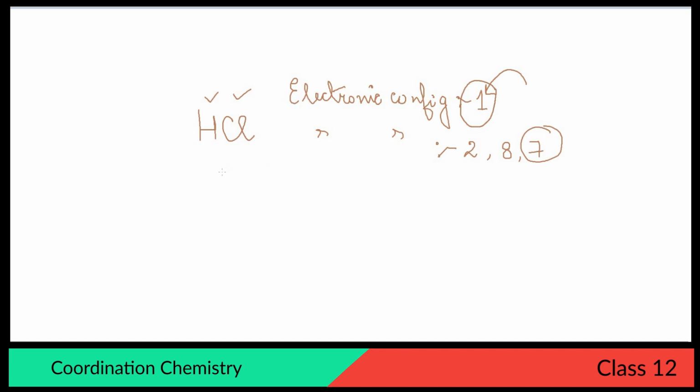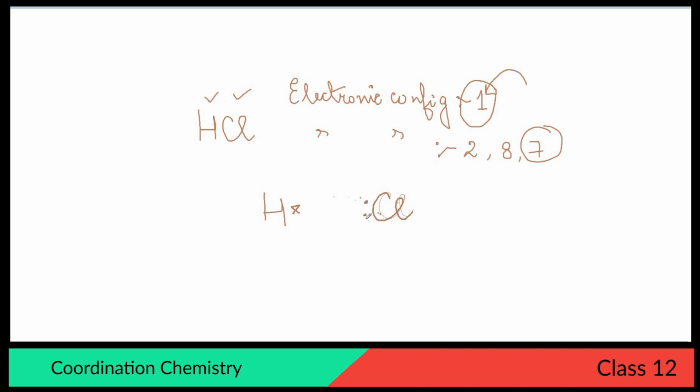Now, in the beginning of the introduction to covalent bond, I had stated that covalent bond means sharing of electrons. Now, let us just draw the two atoms. Now, H has 1 electron in its outermost shell. So, let's just draw that. And Cl has 7 electrons in its outermost shell.